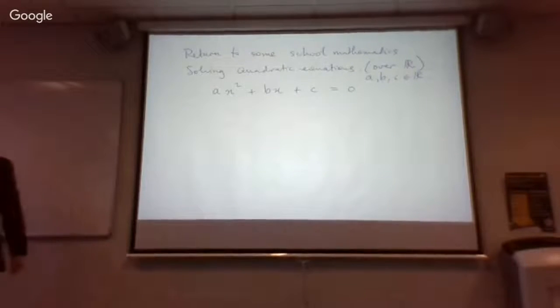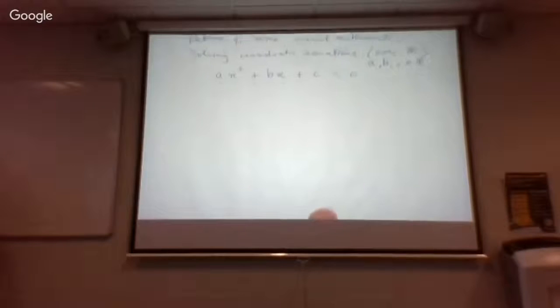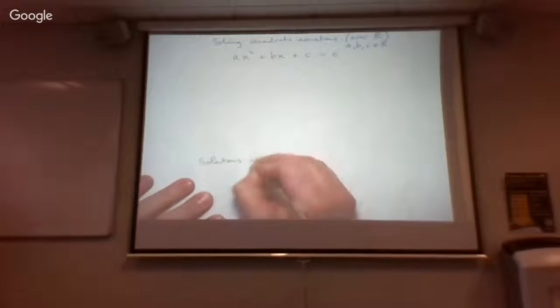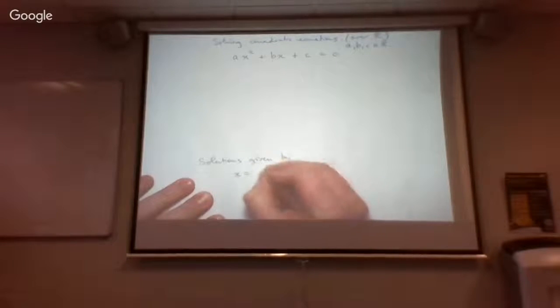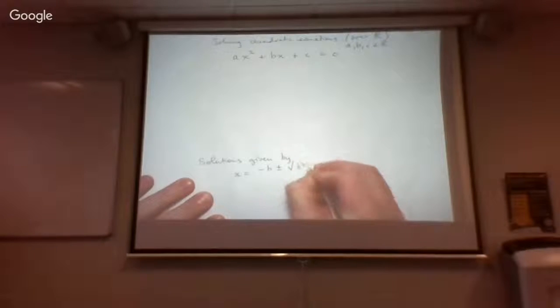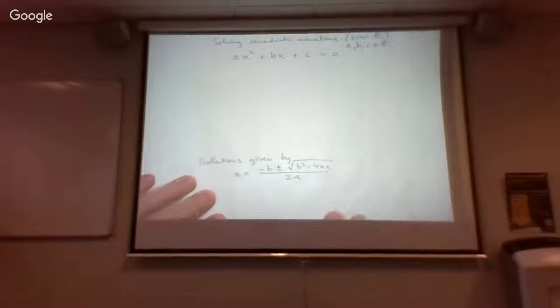Now, there's a well-known formula for the solutions, which everybody knows off by heart. I'll put a little bit down here, which is the quadratic formula, which says that solutions are given by minus b plus or minus the square root of b squared minus 4ac, over 2a.